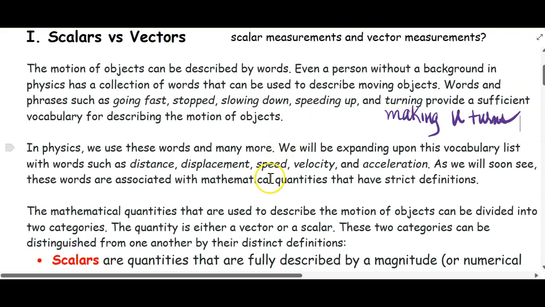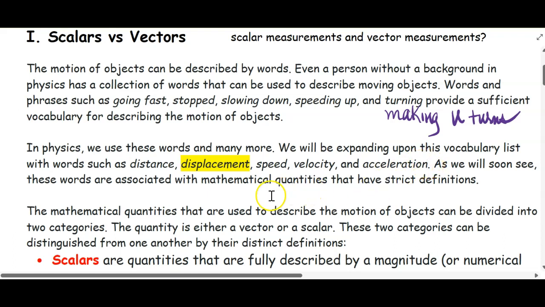So, in physics, we use these words and many more. We'll be expanding upon this vocabulary with words such as distance, which we know, right? Displacement is the new word. Speed, velocity. Speed and velocity are very similar words, and acceleration. We know when you accelerate, it's like you're at the curb and you accelerate to get going into normal traffic.